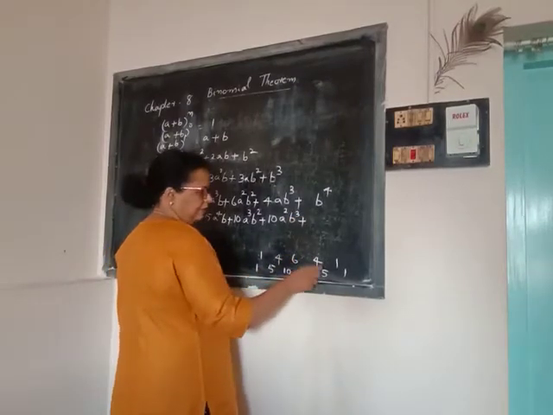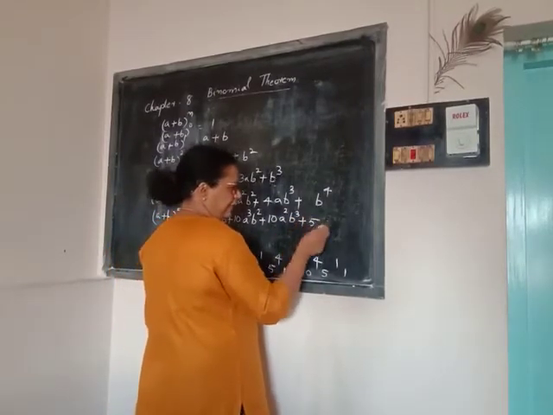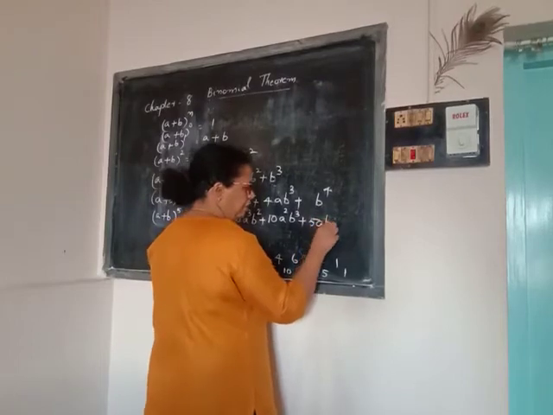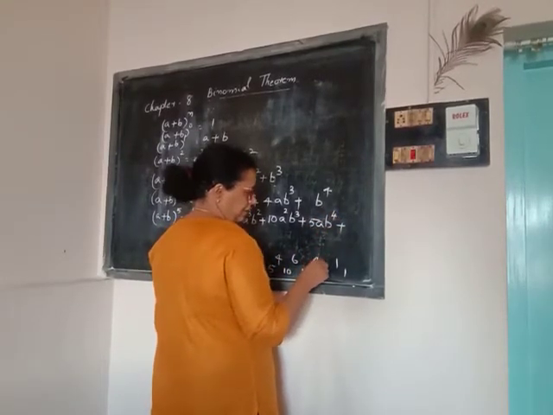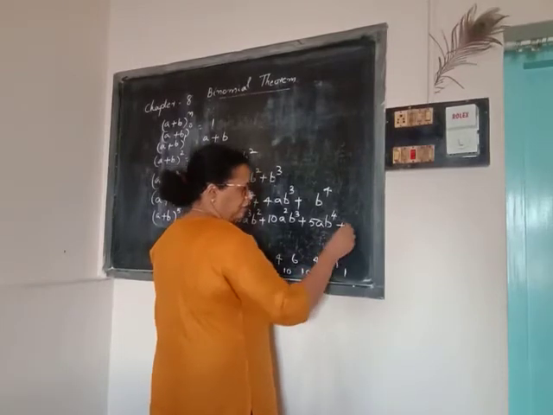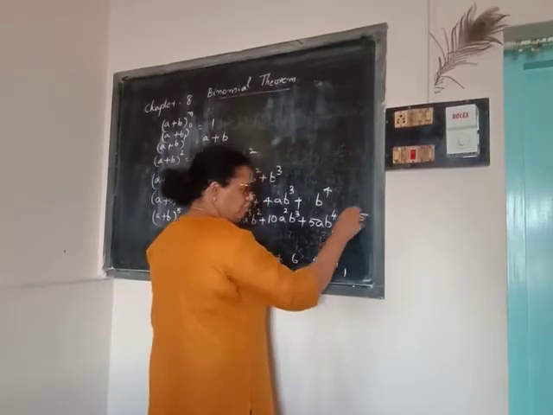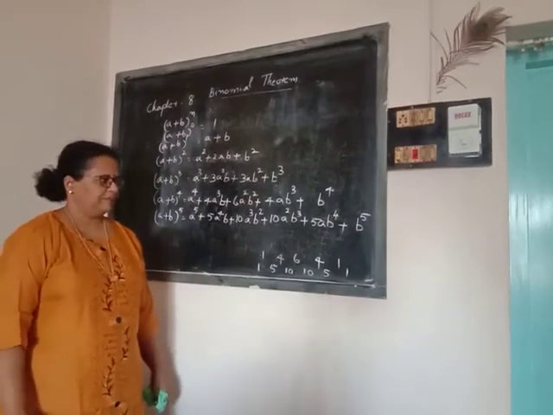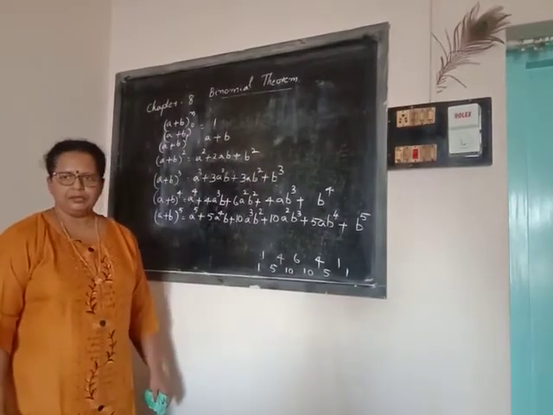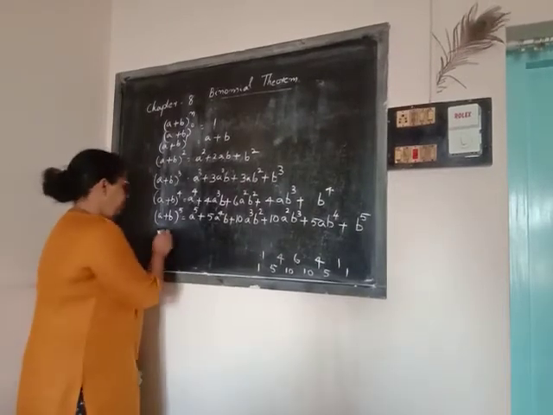Then plus, after 10 it is 5, 5 again A power 1 less, B power more, B raised to 4, plus then again 1. So it will be simply B raised to 5. You try A plus B whole raised to 6 on your own.